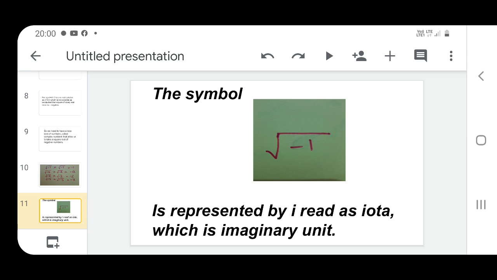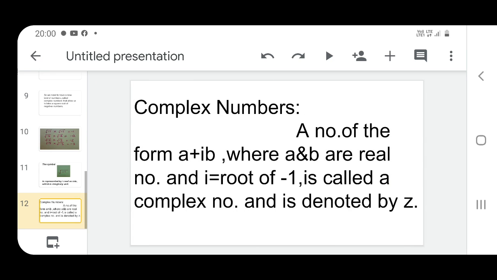In the previous clip, you saw this symbol. You know what this symbol is? This symbol, that is root of minus 1, is represented by iota and read as iota, which is the imaginary unit. Now we are going to define the complex number. What is the shape of a complex number?